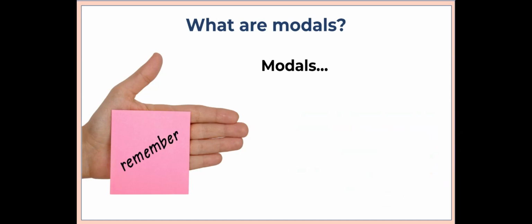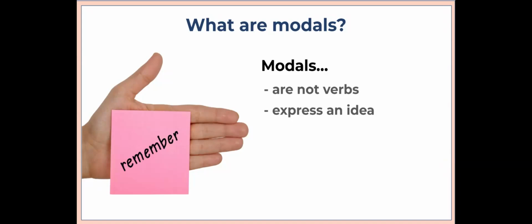All right, let's start with a quick reminder. What are modals? Remember, modals are not verbs. They are not action verbs or something that you can do. Rather, they express an idea. One of the first modals you probably learned was can, and can expresses the idea of ability.